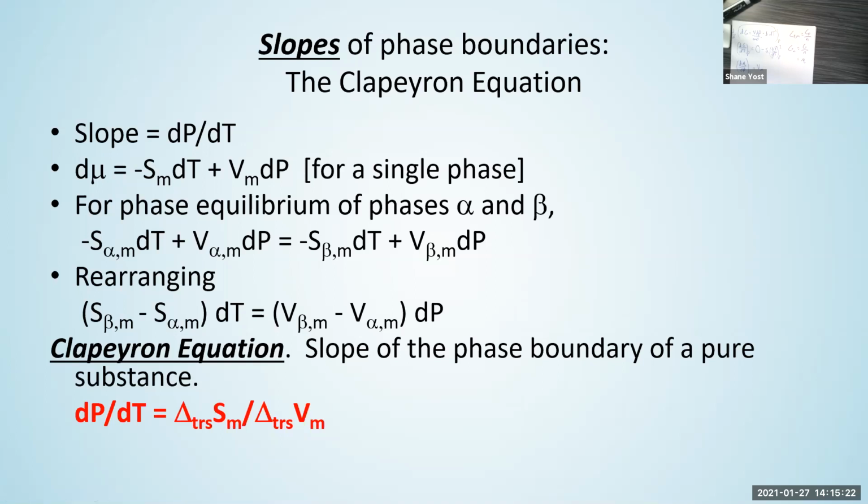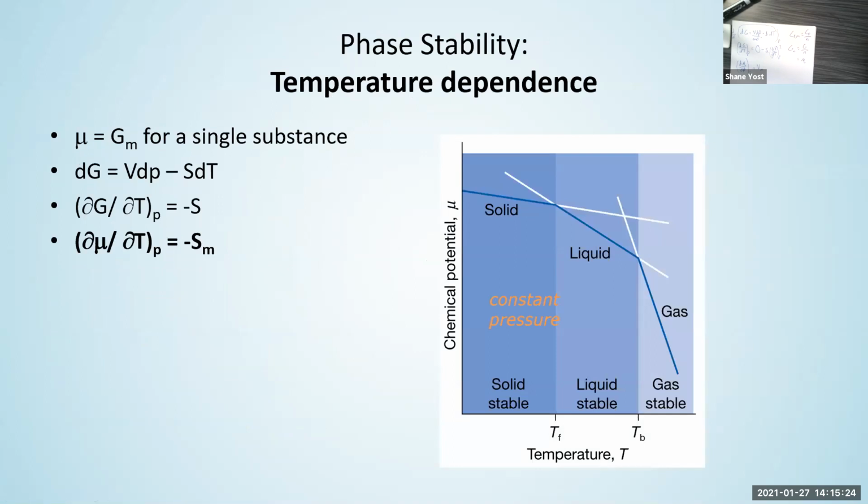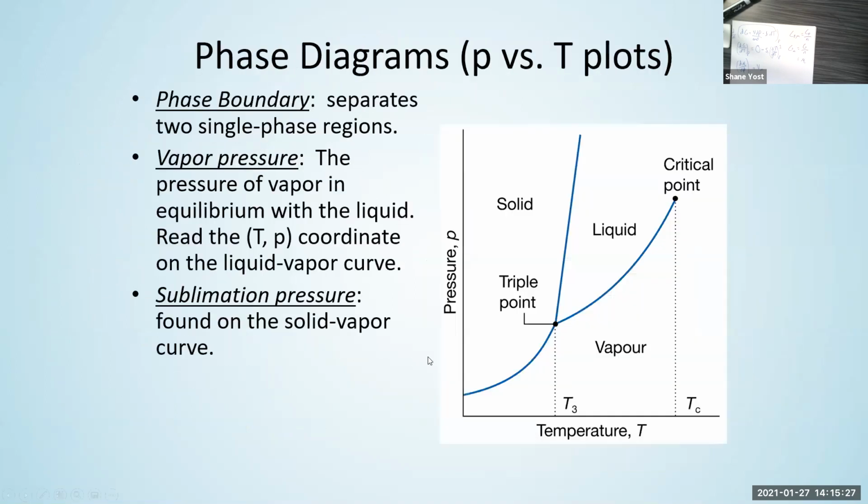Similarly, the slopes between the liquid and vapor and between the solid and vapor are a little bit more gradual. They're not quite as steep, and that's partially due to the fact that the molar volume change between a solid and a gas, or a liquid and a gas, is much greater. A gas takes up a lot more space than a liquid or a solid at the same temperature.